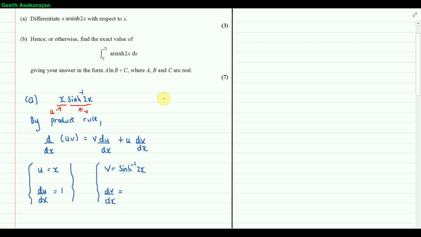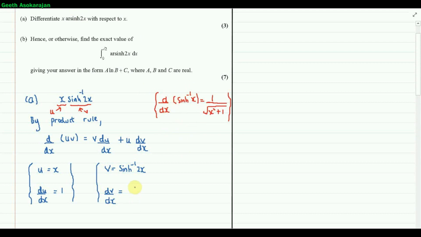When you differentiate, let me write down the result: if you calculate d by dx of inverse hyperbolic sine x, you should get 1 divided by the square root of x squared plus 1. There's also a video proving this result, so I'll provide links to all of those videos in the description below.